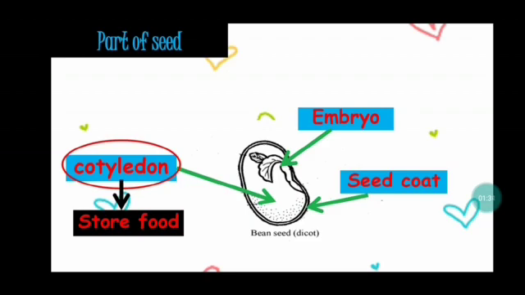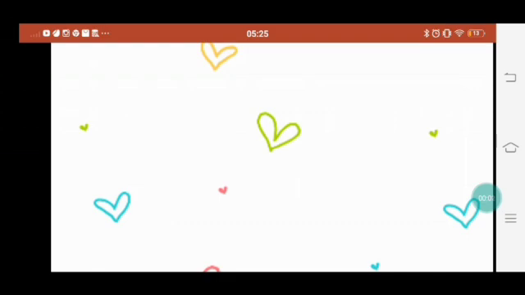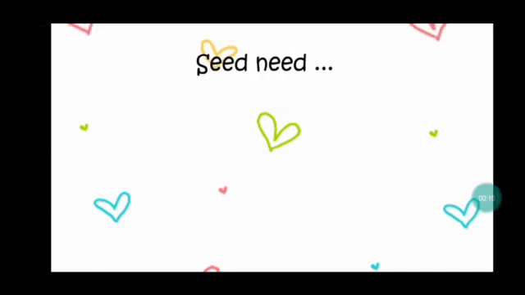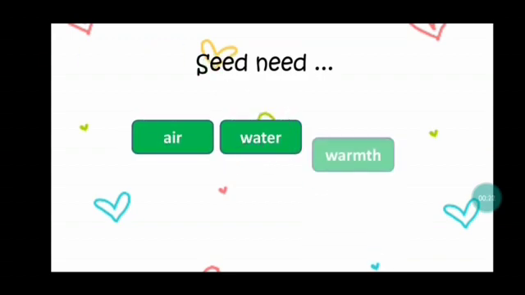So the seed has food inside their body. You have to remember that the seed has stored food in their body, which we say is cotyledon. This is the reason why the seed doesn't need food when they do germination. When the seed becomes seedling or young plant, the seed needs water, air, and warmth.